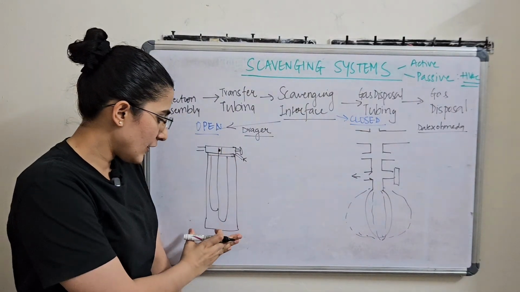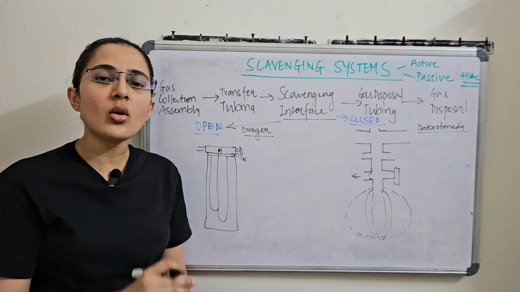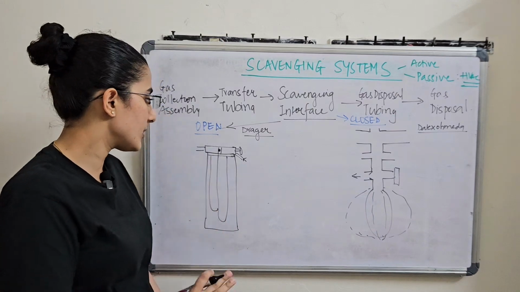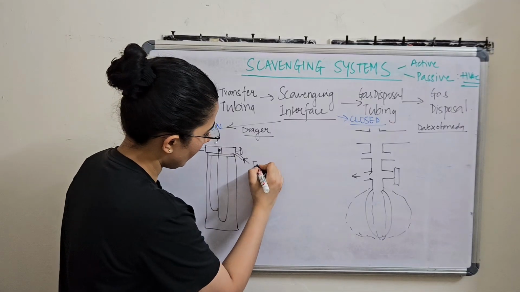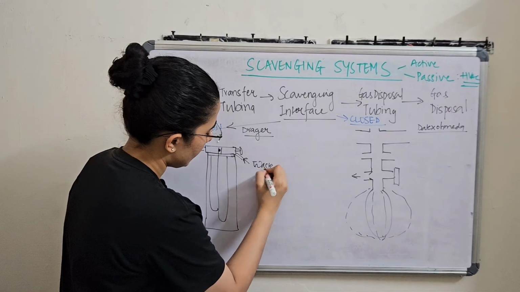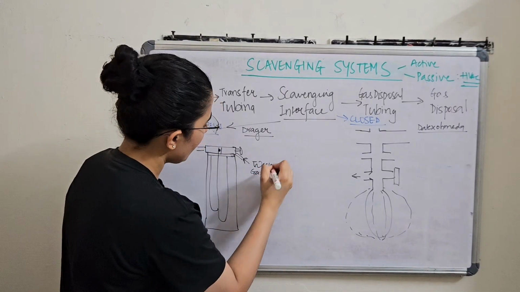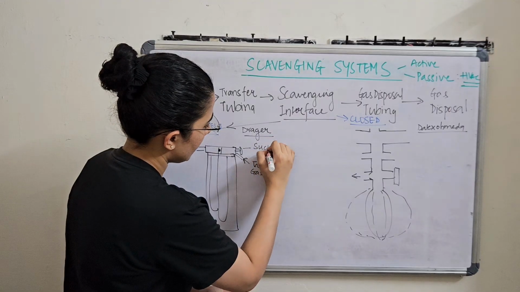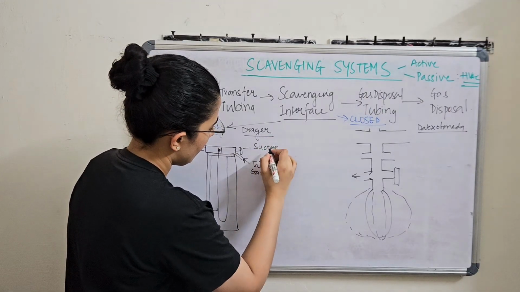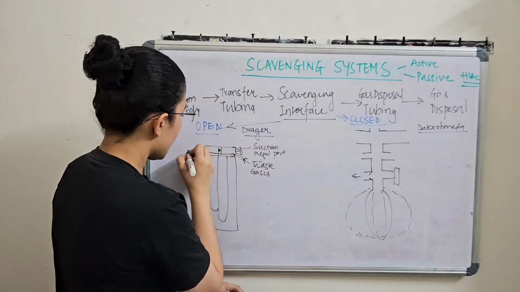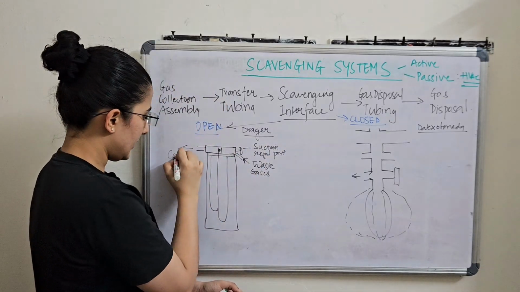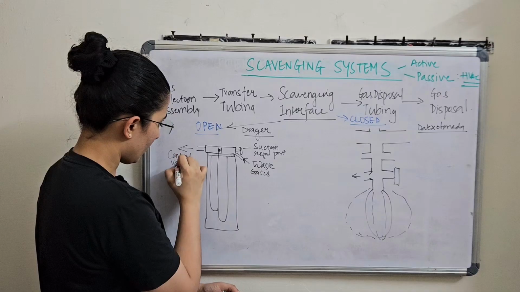This is a brief diagrammatic representation of how an open system looks. As the arrow shows, this is the entry of the waste gases. Then we have a suction regulating port, which goes to the central vacuum.